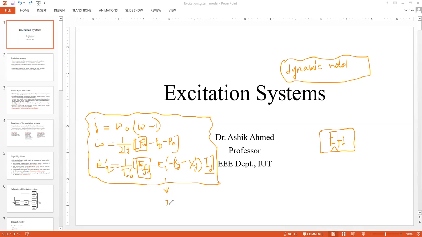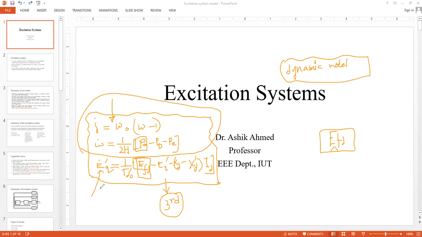But we all know that we can even go for higher order models than this. If we go for a much simpler model than the third order model, then we would be satisfied with the second order model, that is the classical model. If we want a little bit more dynamics involved in our model, then we include the third equation.